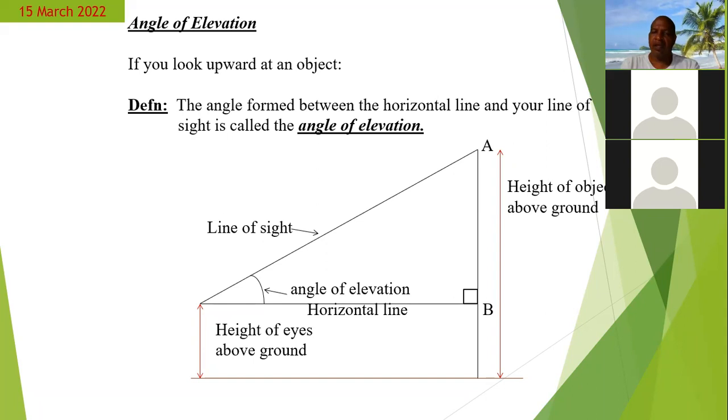What you would understand about the line of sight is that it is an imaginary line. It is not a real line that is there, because you are just imagining that you're looking through a straight line from your eye to the top of the tree where the object is. So generally your line of sight would be an imaginary line.